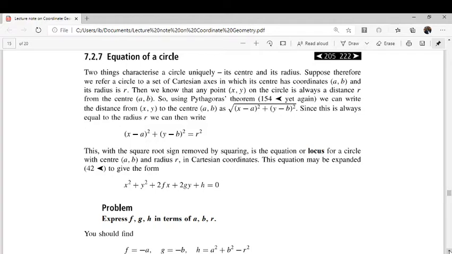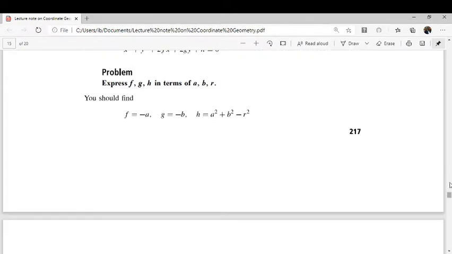Equation of a circle. Under the coordinate system, we will look at the circle, the ellipse, the hyperbola, and the parabola. You already know a circle has a center and a radius.